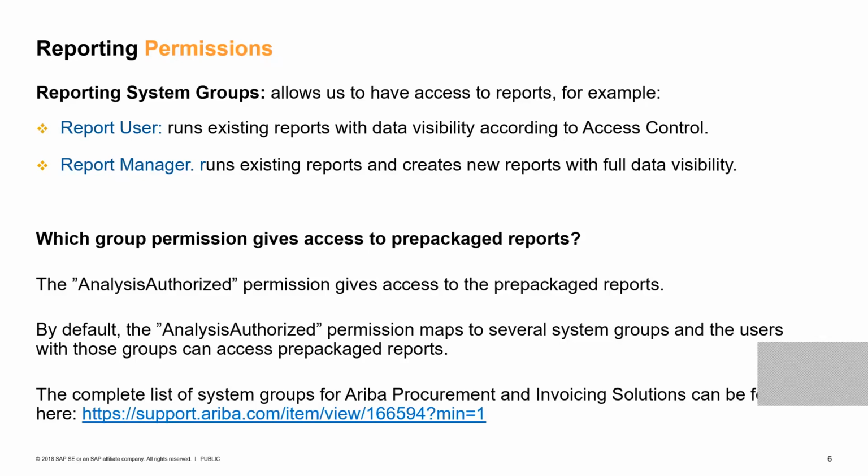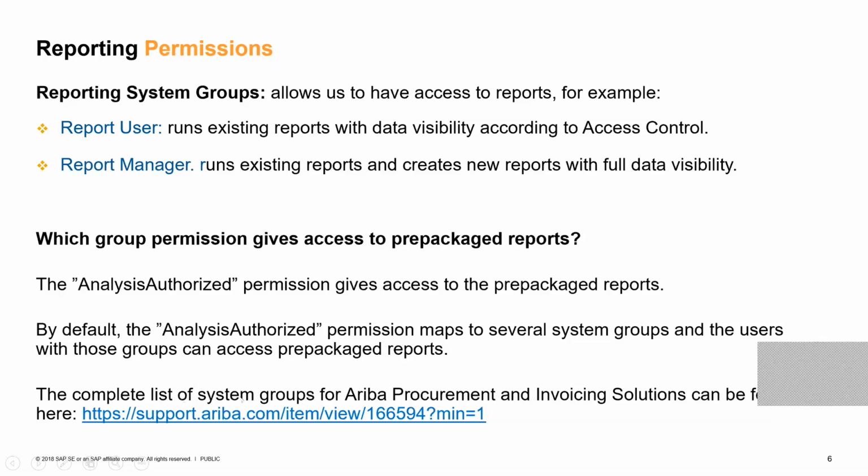One very common question that we receive is: which group permission gets access to the prepackaged reports? There is a special permission called analyst authorized that gives access to these prepackaged reports. By default, this permission is assigned to certain system groups.